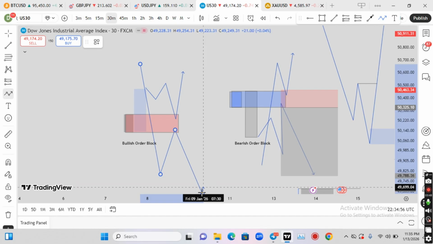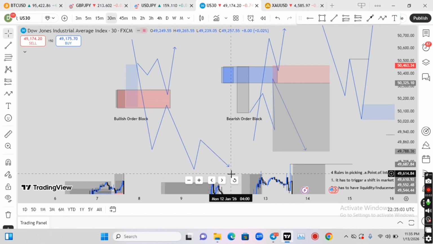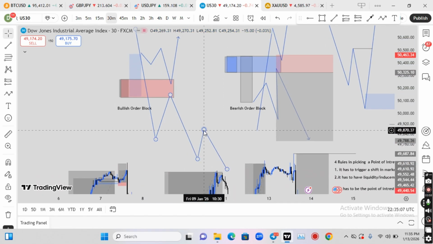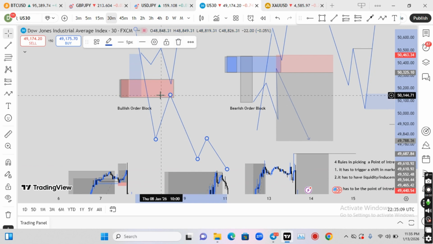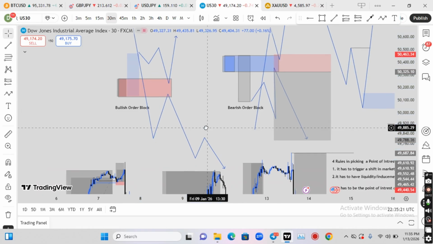So this zone here will be called a breaker block, because the price breaks through it and then comes back to retest it and then pulls back. That's what a breaker block is all about, right?